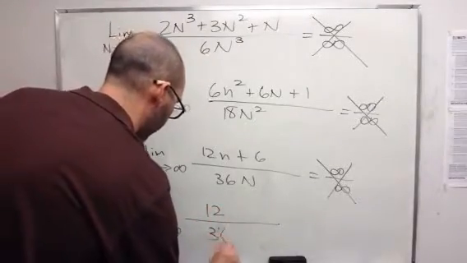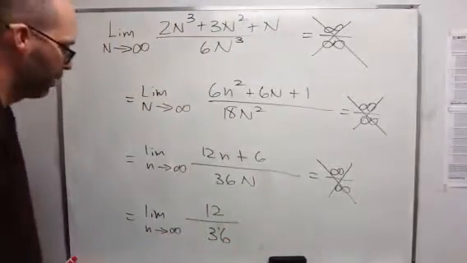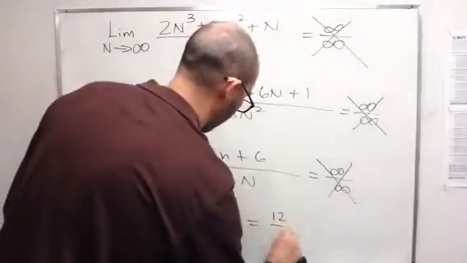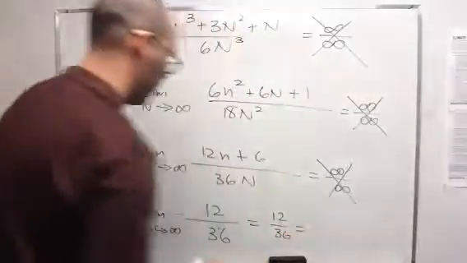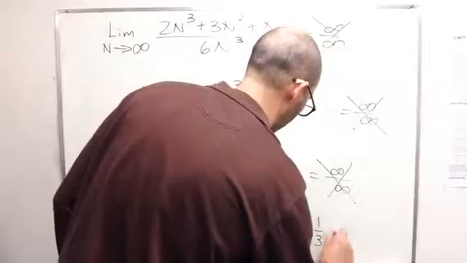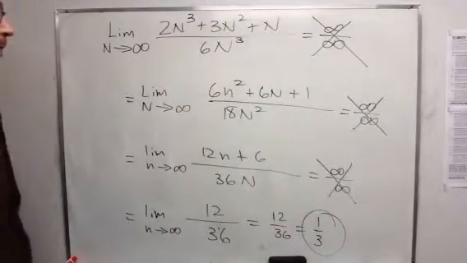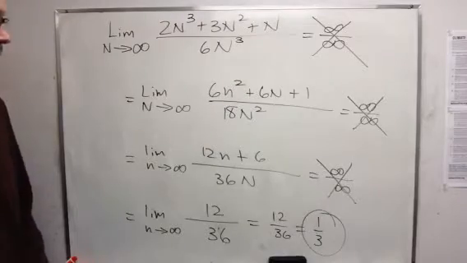Over 36. Now, as n gets large, we get 12 over 36. 12, 24 over 36, that makes 1/3. So this is our answer.